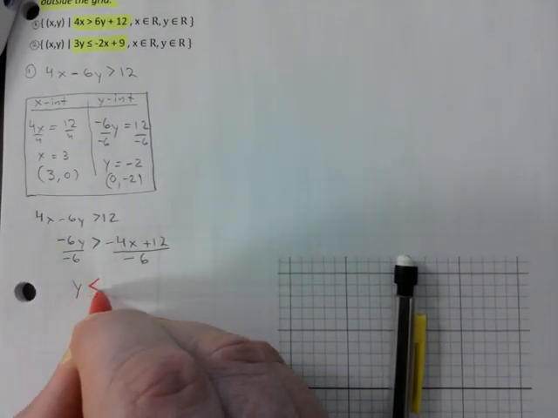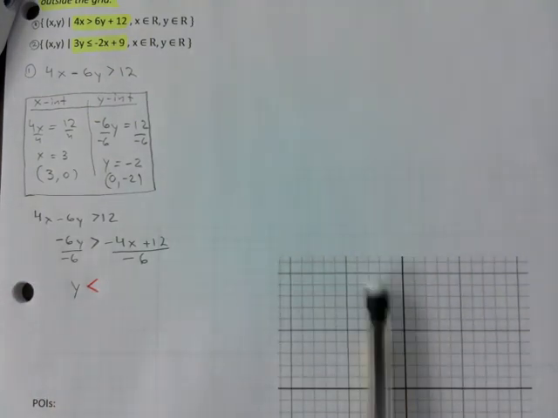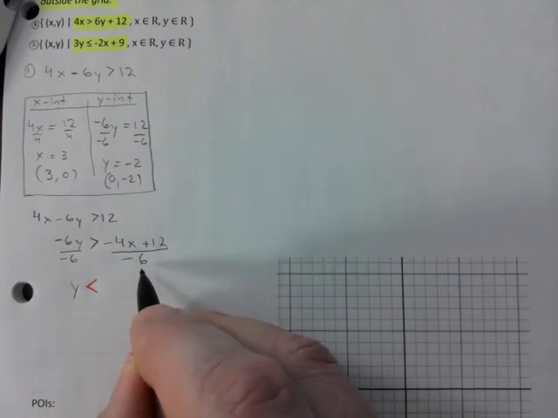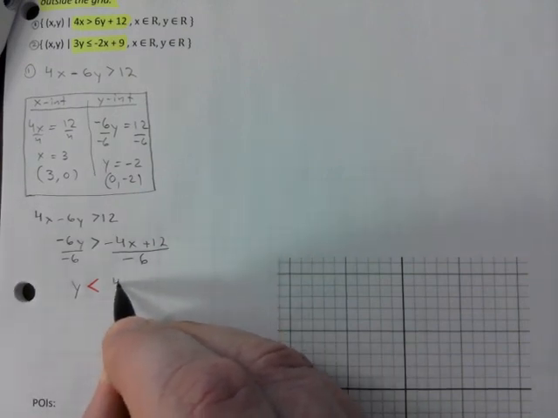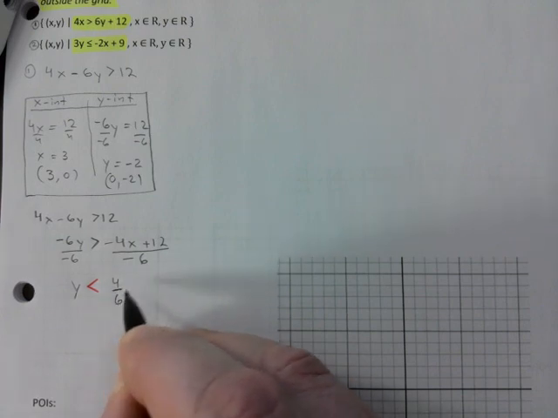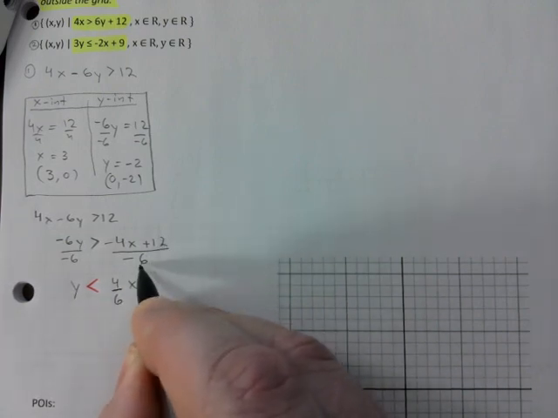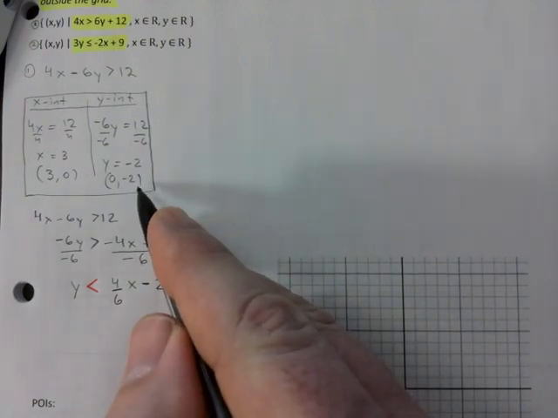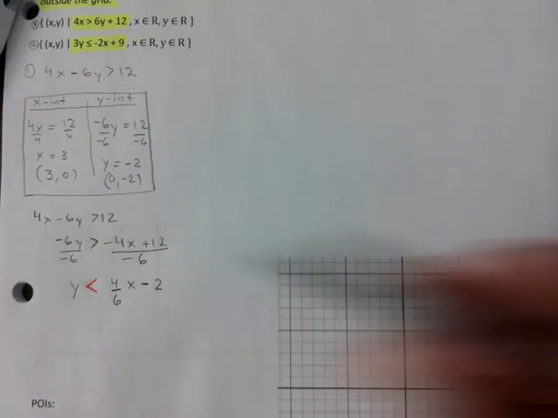I'm going to turn it the other way, and it's very important. It makes a big difference. And then negative 4 divided by negative 6 is just 4 over 6, correct? x. 12 divided by negative 6 is negative 2, which jives with the y-intercept that I just calculated. So we're good.